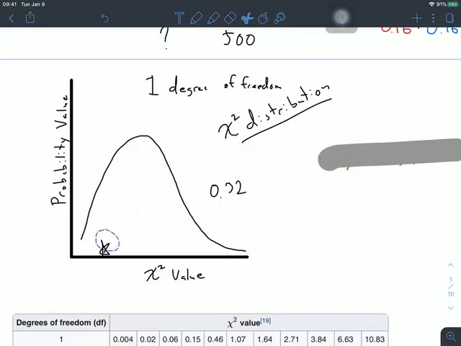There is some likelihood that even if my values were drawn from a 50-50 distribution, or a 50-50 coin flip, or unlinked loci, that they might vary away from that.